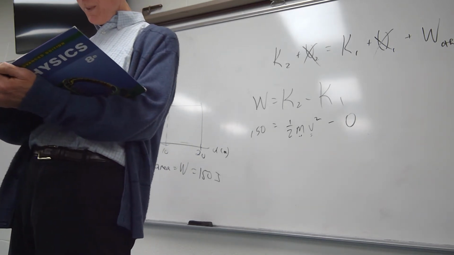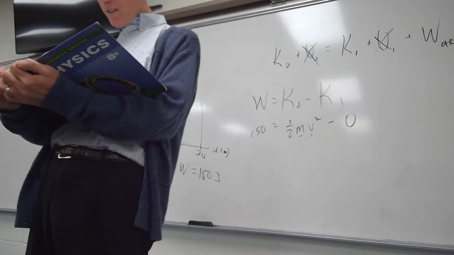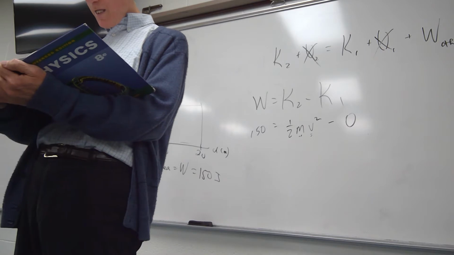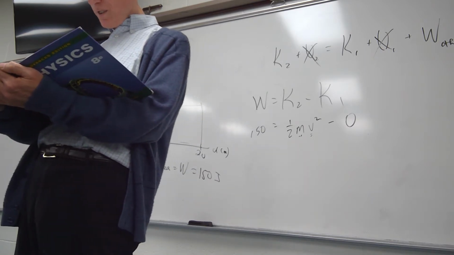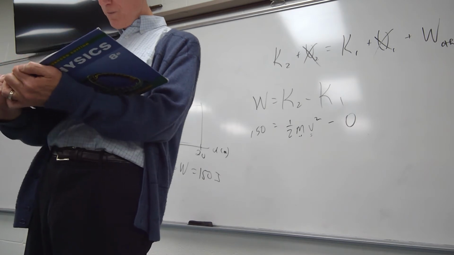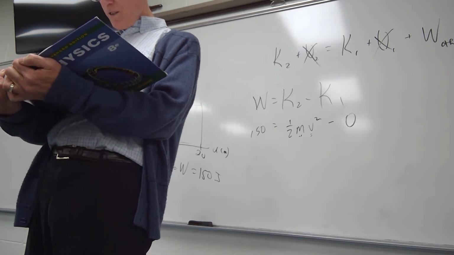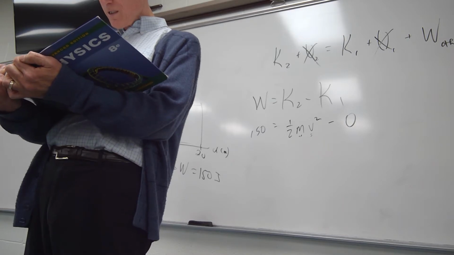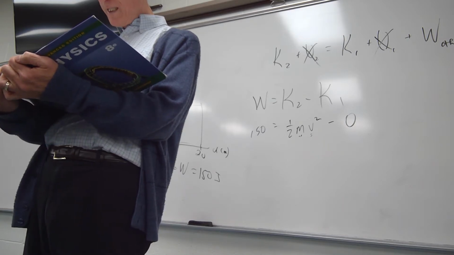B. B, so the negative x, is that what you said? Now I'm confused, I confused myself. The work done by this force is positive when the displacement of the object is along the positive y-axis.